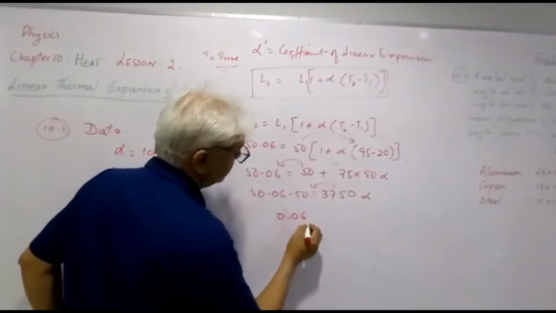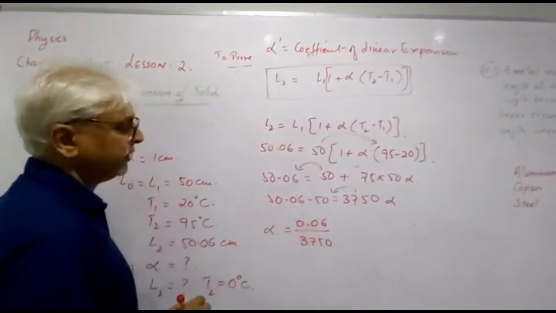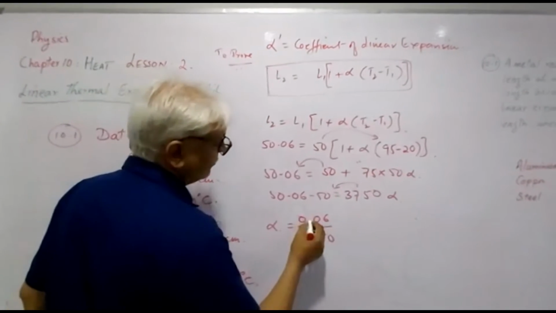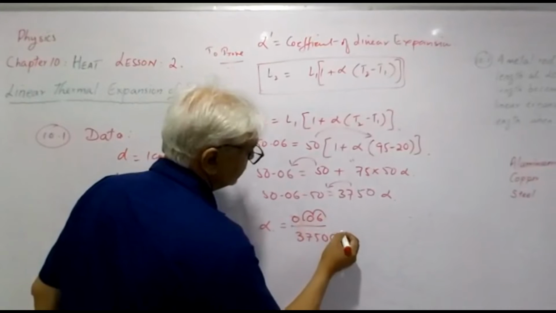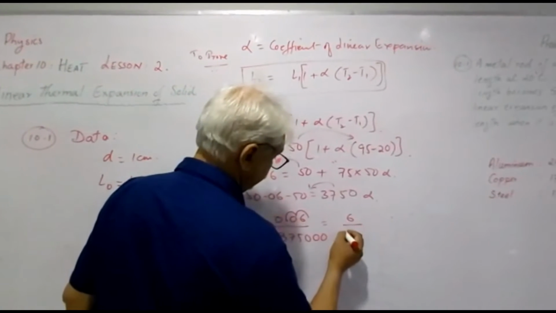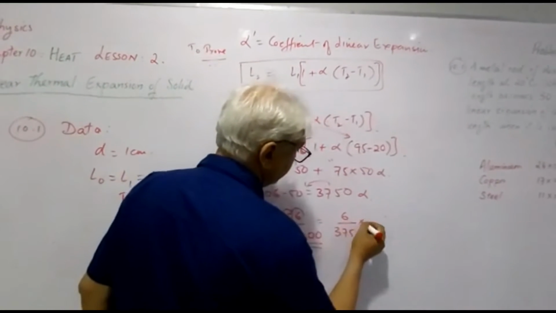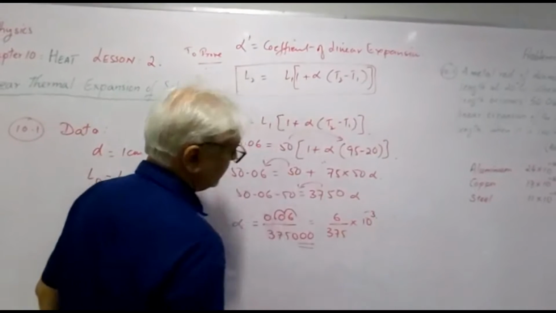Let's move this over here: 0.06 divided by 3750 is equal to alpha, the coefficient of linear expansion. On shifting the decimal two places, we put two zeros, so you get 6 upon 375, and the 1000, when you take it on top, becomes 10 to the power minus 3.